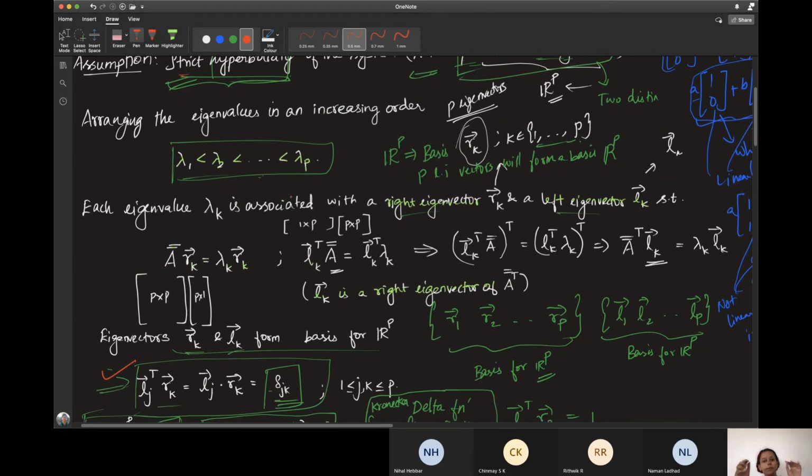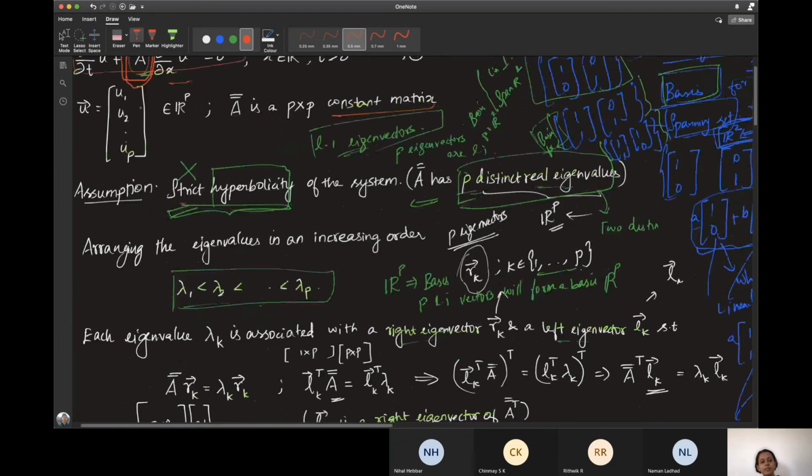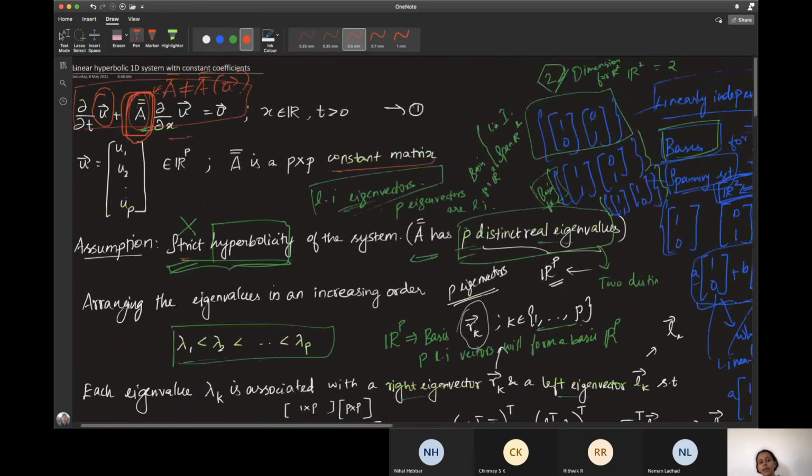Because of these nice properties, we are able to write u vector as some linear combination of eigenvectors.